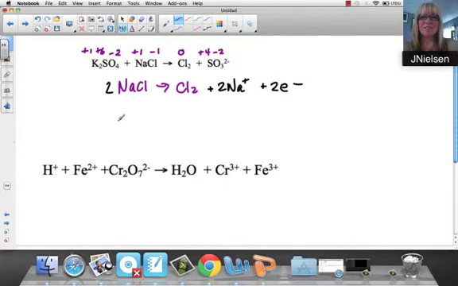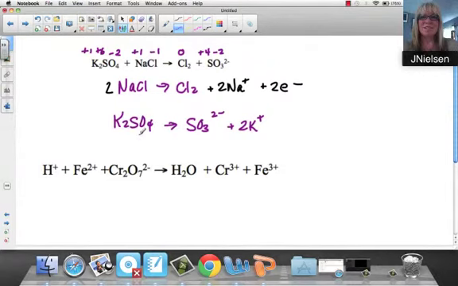For my other reaction, I've got K2SO4 going to SO3 2-. So I'm going to balance everything that's not H or O first. So that means I've got 2 K's here. I have to add 2 K+ to this side. Now my S's are balanced.